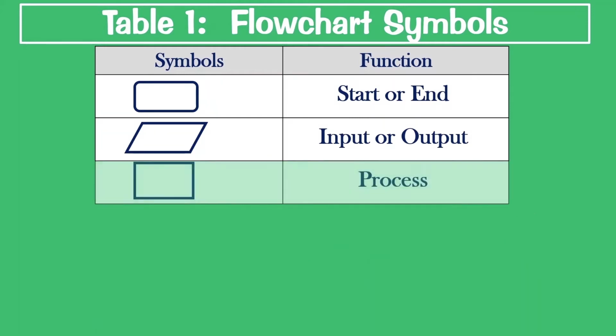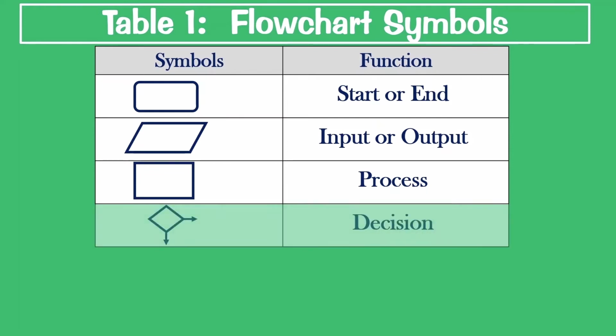Number 3, that's now the process or the assignment box. It represents the data processing, as you can see here. Number 4, the decision symbol represents the split in the direction of the algorithm depending on the condition presented, which can be either true or false.